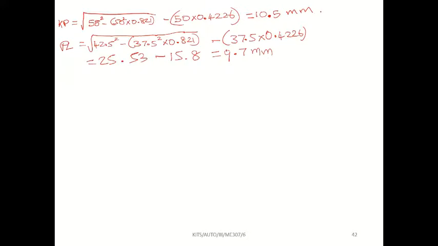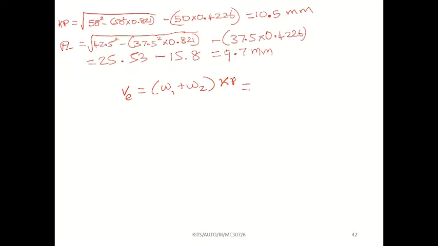Now we have to find the velocity at engagement and the velocity at disengagement. Okay. So VE, velocity at engagement, is omega 1 plus omega 2 into Kp.